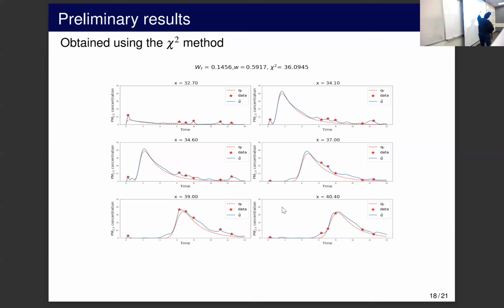That's why for the various locations on the right of 33, we see that the concentrations are moving to the right as time goes on. And for this, the solution fits the data, because during regularization, we assumed that we are fitting the data and then regularizing using the transport equation.